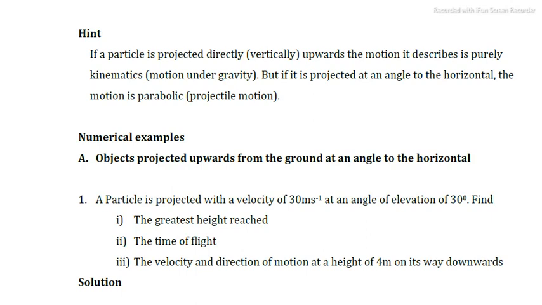So meaning that if the body is projected directly upwards, then the motion described is purely motion under gravity. But if it is projected at any angle, then the motion described is parabolic, or it is a projectile motion. In our next episode, we shall start looking at examples under projectiles.